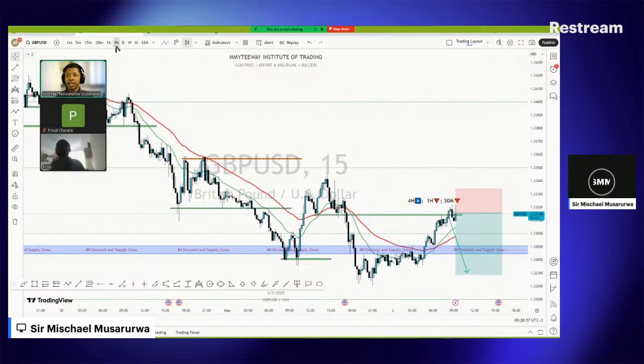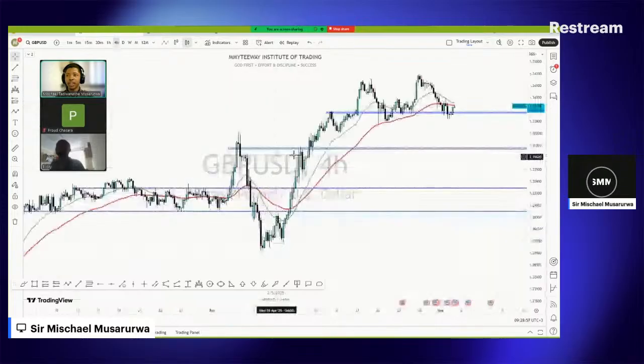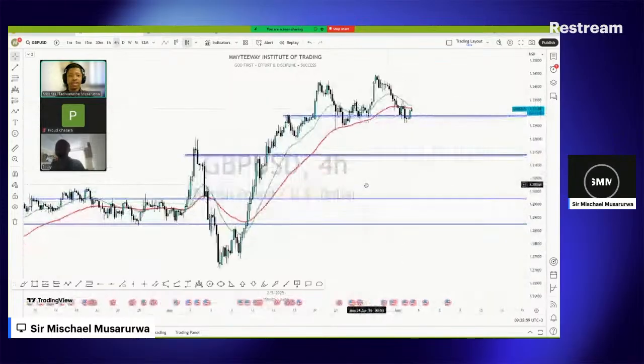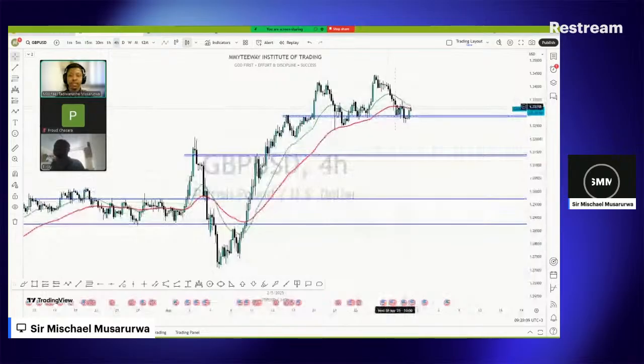If I move my chart to the 4 hour time, see that the green moving average is above the red moving average. The red moving average is the 50 EMA, and the green moving average is the 21 EMA, which is the faster moving average, and this one being the slower moving average. When a slower moving average is below a faster moving average, it shows a potential upward momentum.